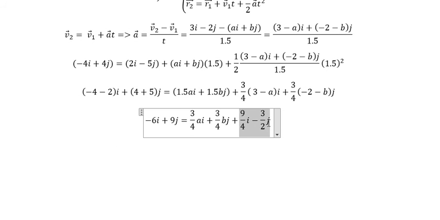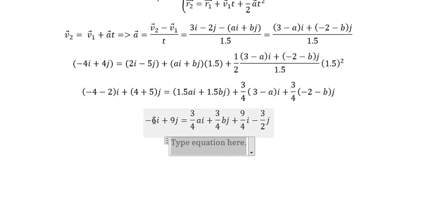We put this one on the left, and we get negative 6 minus 9 over 4, you get negative 33 over 4 i. 9j plus 3 over 2, you get 21 over 2 j.